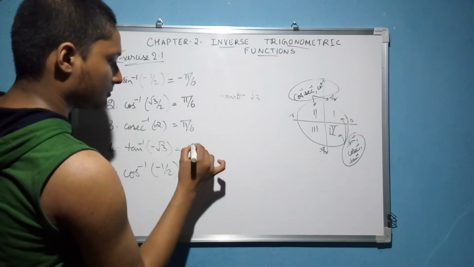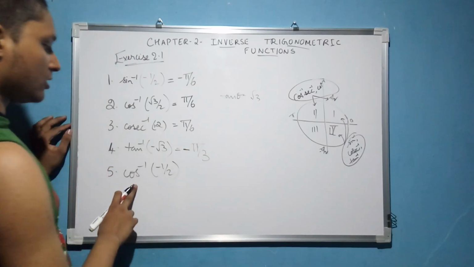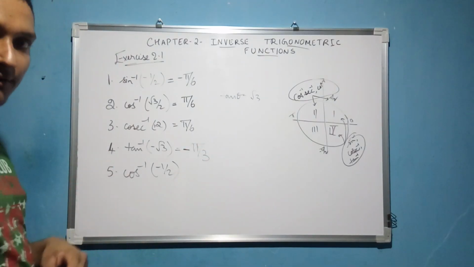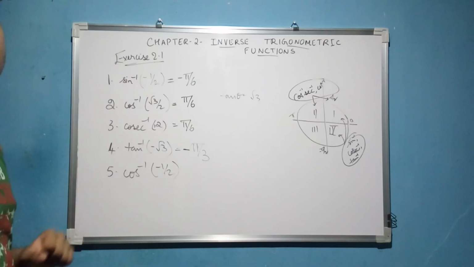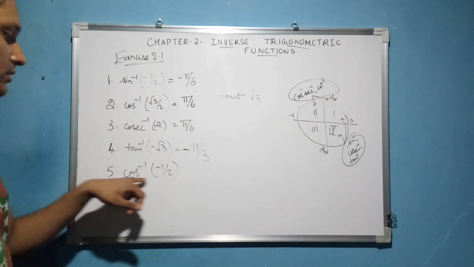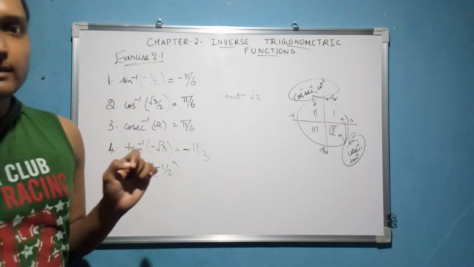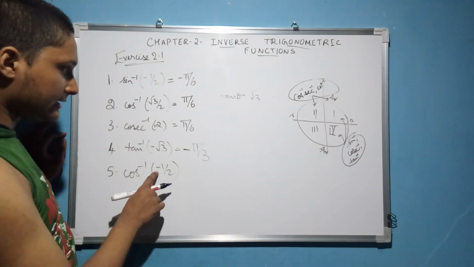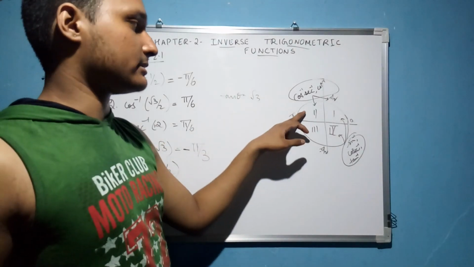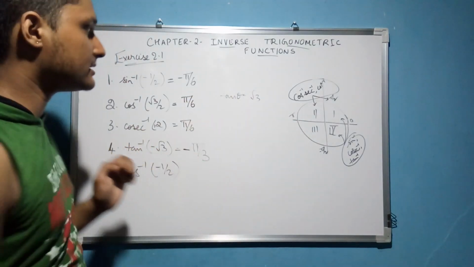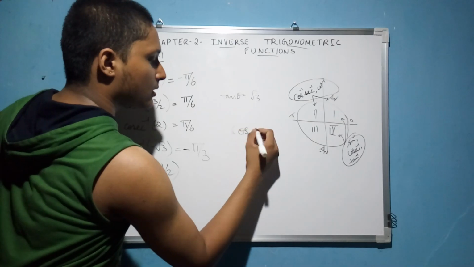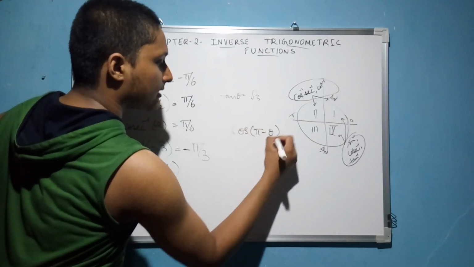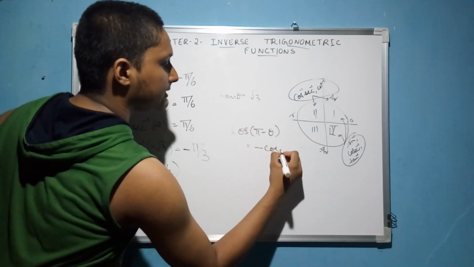Okay. Next you have cos inverse of minus half. Here we found out that for sine it was pi by 6. So for cos it comes to be pi by 3. Since there is a negative sign, it goes to the second quadrant. In the second quadrant, you always need to remember that cos of pi minus theta is equal to minus cos theta.